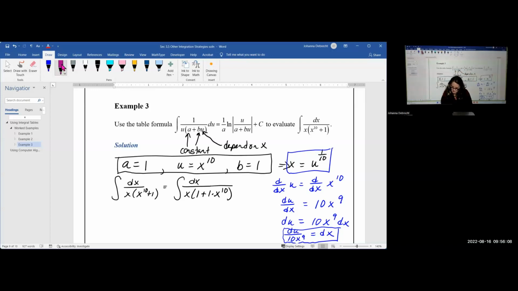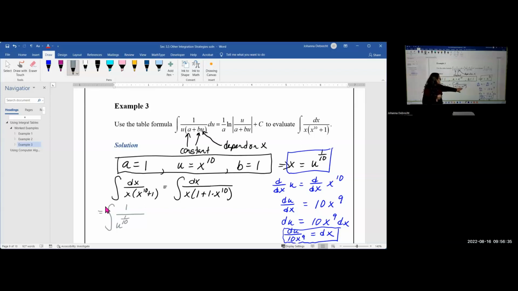So let me write this in a different color. So now I have the integral. dx I'm going to put out to the side. So I'm going to basically have 1 over, what is x? I'm replacing the x, which is the monomial factor on the outside of the parentheses, which is u to the 1/10. So I have u to the 1/10. That replaces the monomial x.